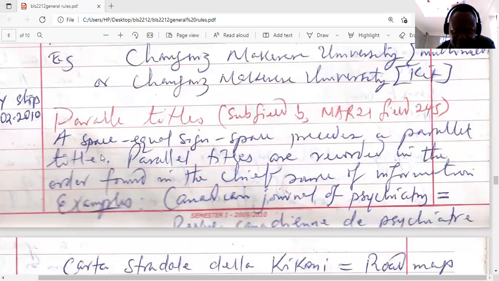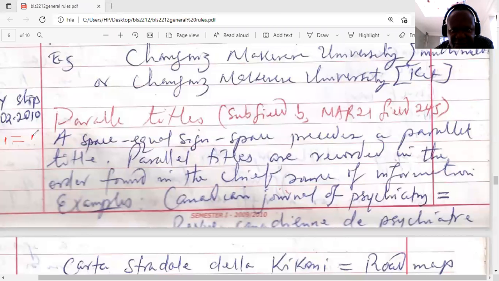In other words, if I'm to give a parallel title, assuming I'm at that point, I'll leave a space, then that equal sign, a space before giving the parallel title. This is what a space equal sign space meant. So there will be a space there. I give the equal sign, then I leave another space before giving the parallel title.